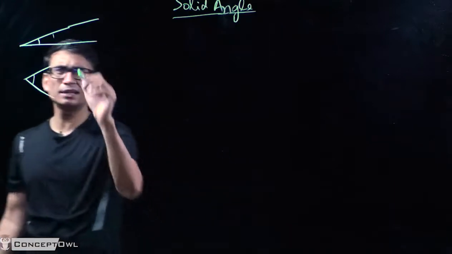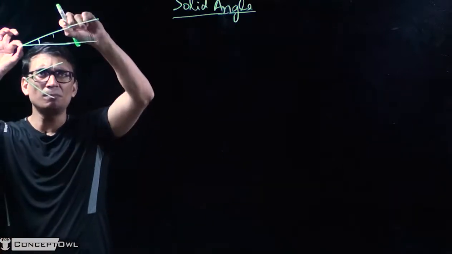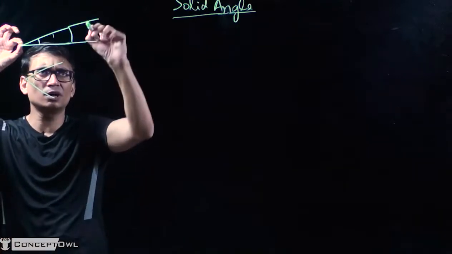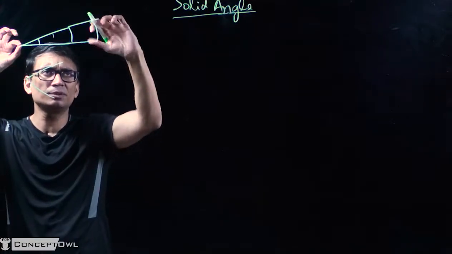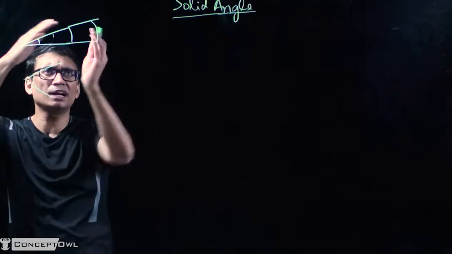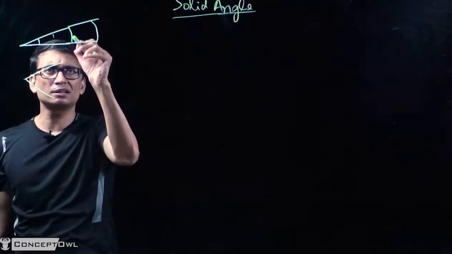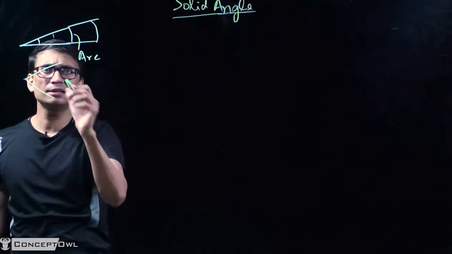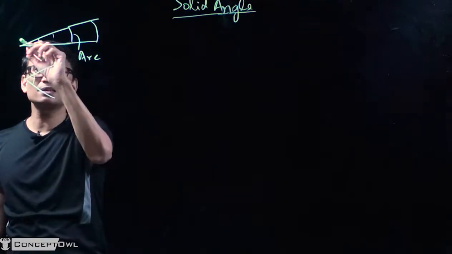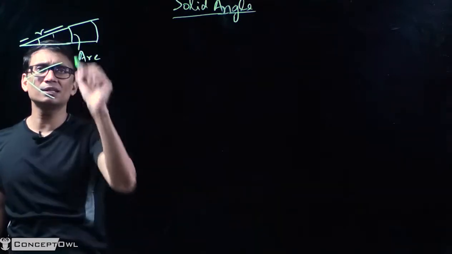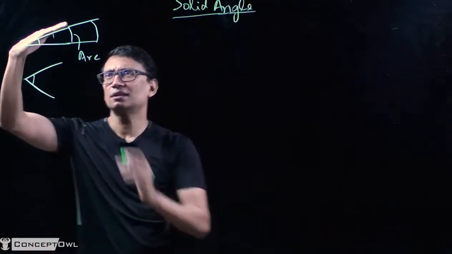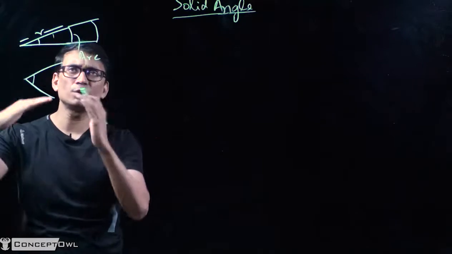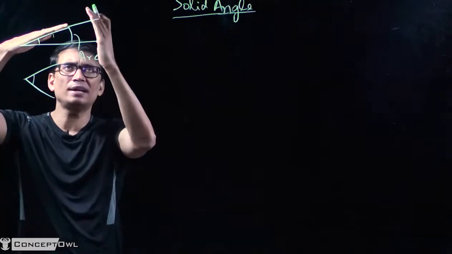If I take a compass and draw a circular arc, I can take the length which is getting cut by these two lines. So this is the arc, and let me call this length R. R is this length and this is the arc. The ratio of the arc and this distance R is going to be the same whether I take it here or here.